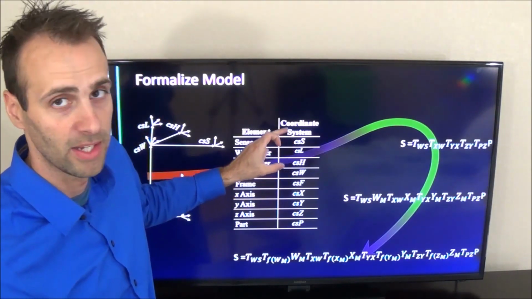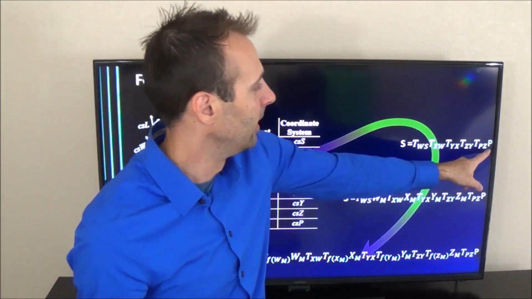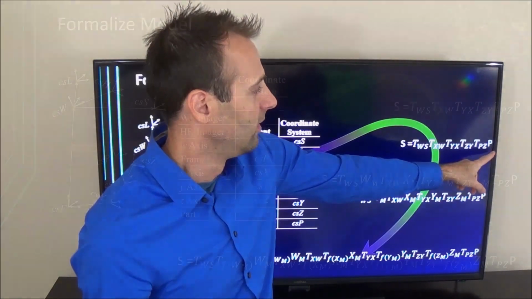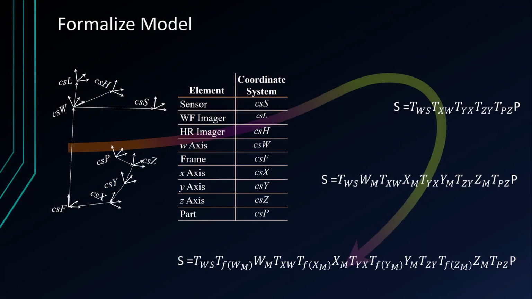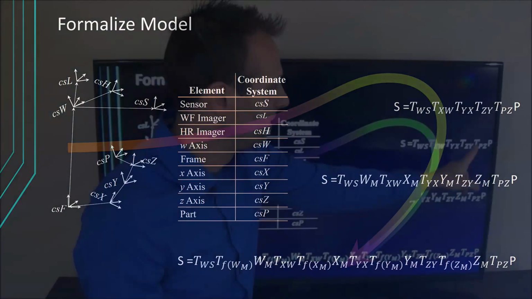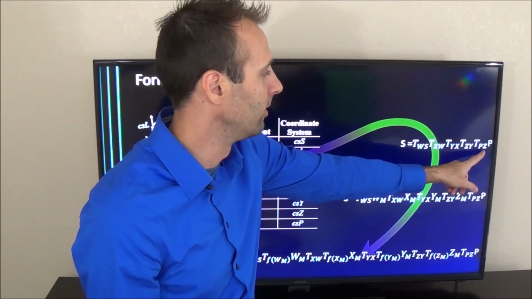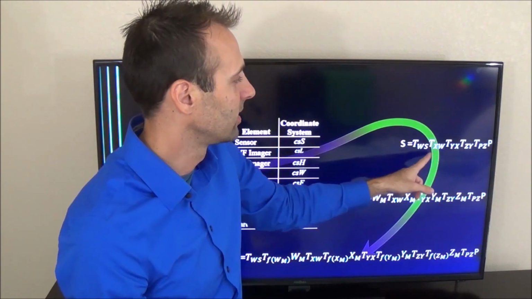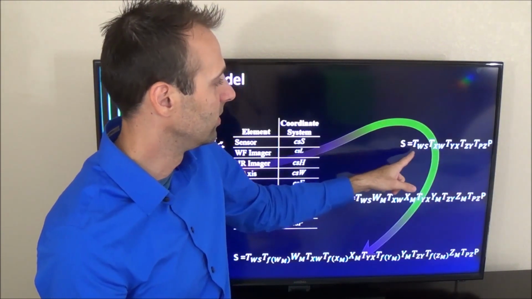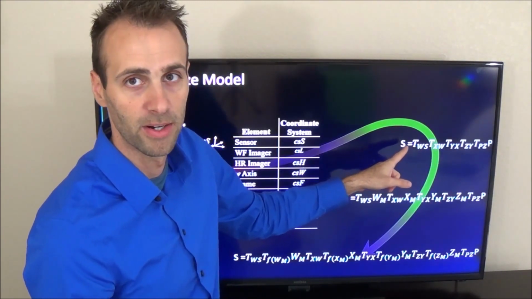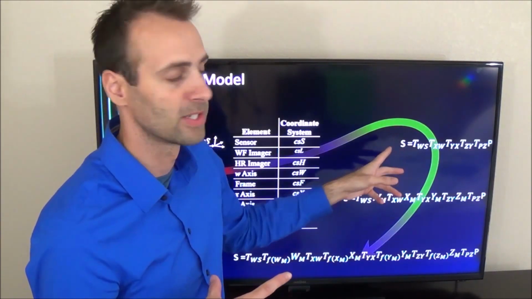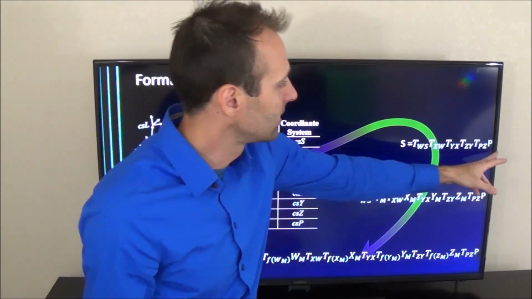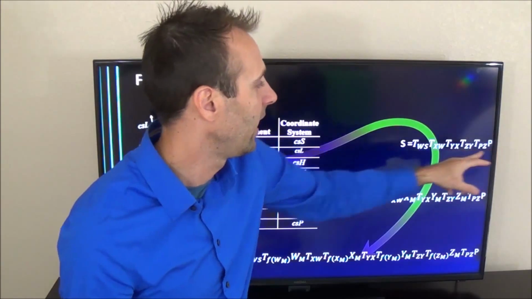So if I want to pick the S coordinate system, my equation could be, if I put in part coordinates, I have a transformation matrix to go from P to Z, and then one from Z to Y, one from Y to X, all the way to the coordinate system that I want to be in. This kinematic chain gives you that equation, okay?